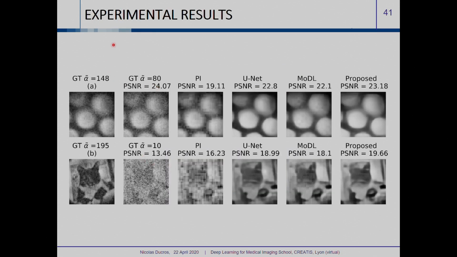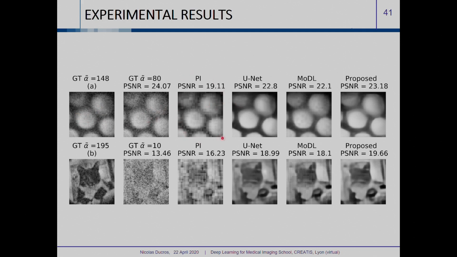Now some experimental results. We applied the same network to experimental data, so you can see the results here visually. On the first row you can recognize this image. Actually I haven't said, but this image here was the LED lamp that we used to illuminate the sample directly. So we have those big spots here.